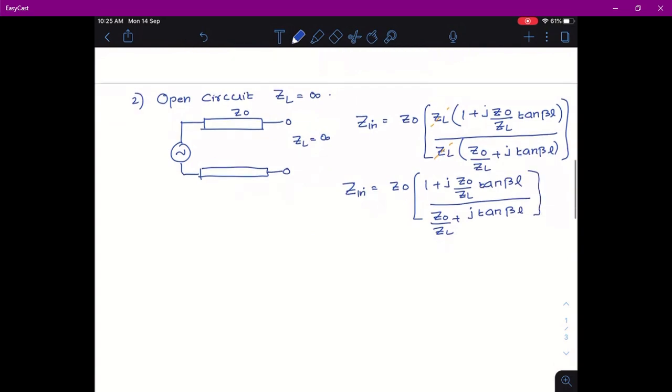Okay. So, ZL is infinity here. So, I need to take a limit which tends to infinity. So, Z in I can say is the limit as ZL tends to infinity of Z0 into (1 plus j Z0 by ZL tan beta L) divided by (Z0 by ZL plus j tan beta L).